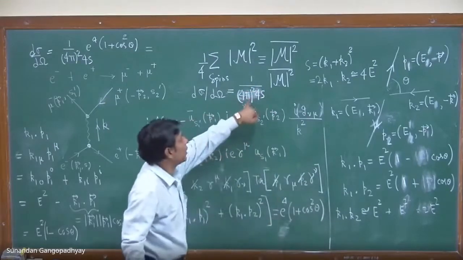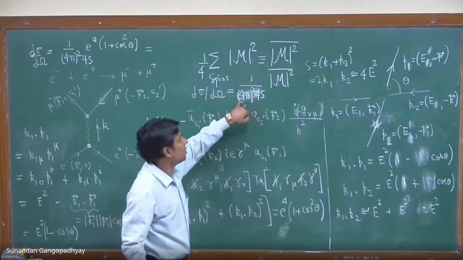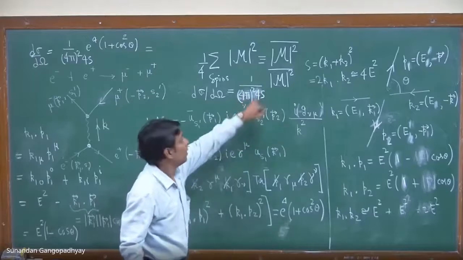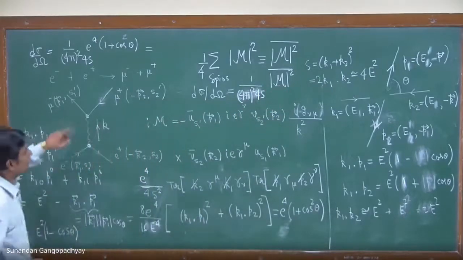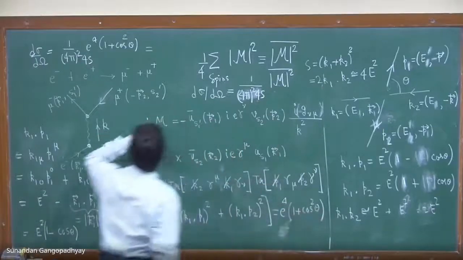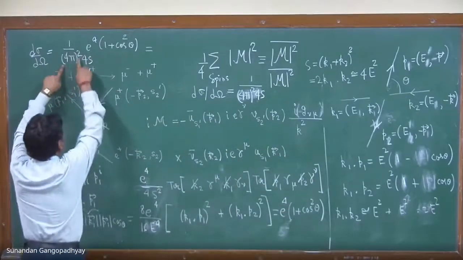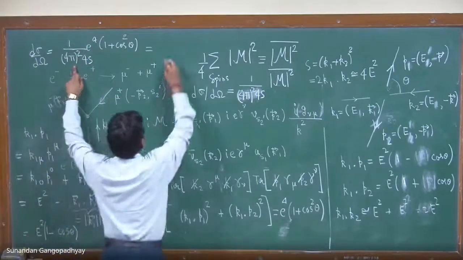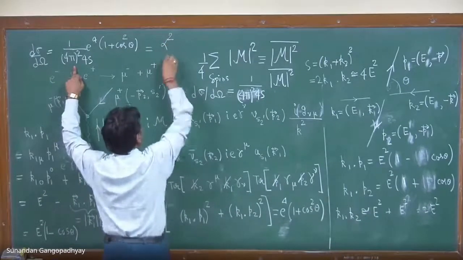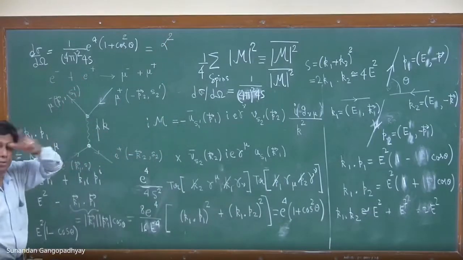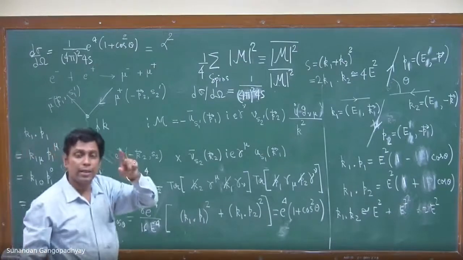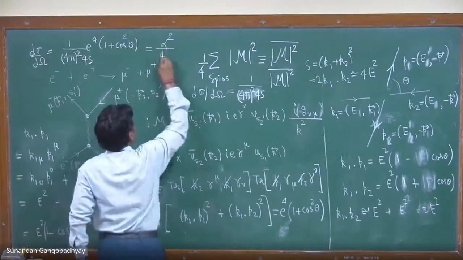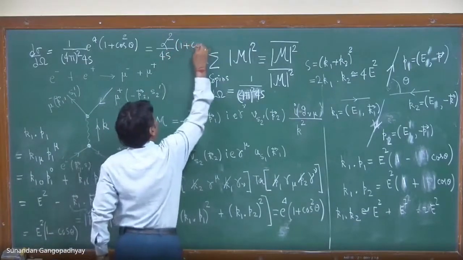So this 4 pi whole square gives you pi square, 4 square gives you 16, 16 into 4 is 64. So that is the formula that I wrote down. And therefore, this quantity is basically this. So I just write it over here, 1 by (4 pi) whole square times 4s. e to the power of 4 by (4 pi) whole square, you can write as alpha square. It's the fine structure constant, because alpha, which I introduced before, is basically e square by 4 pi. So this gives you alpha square by 4s times (1 plus cos square theta).